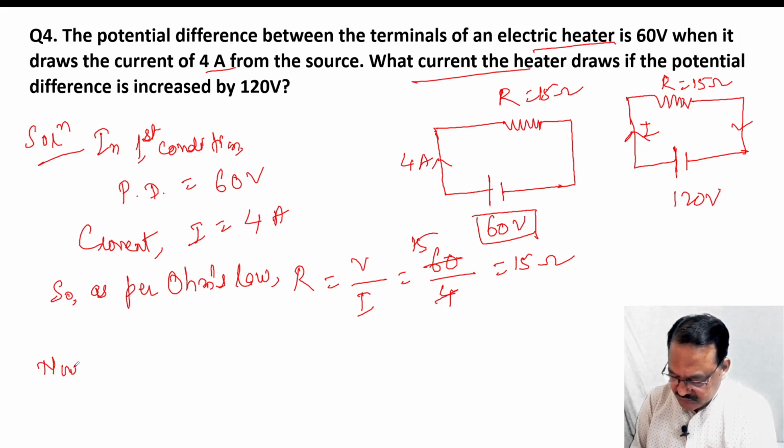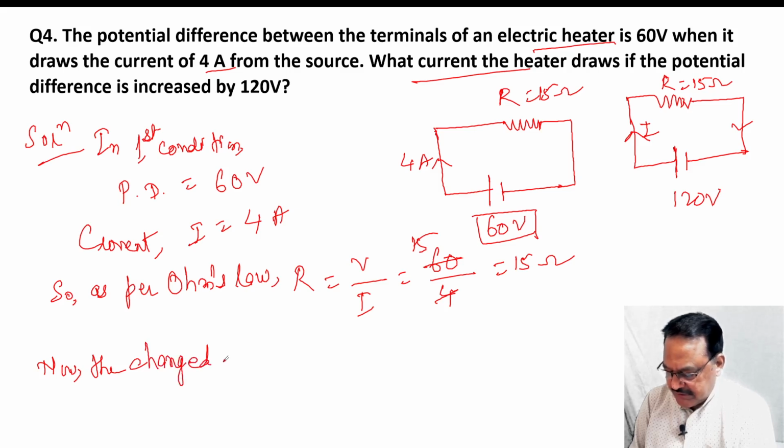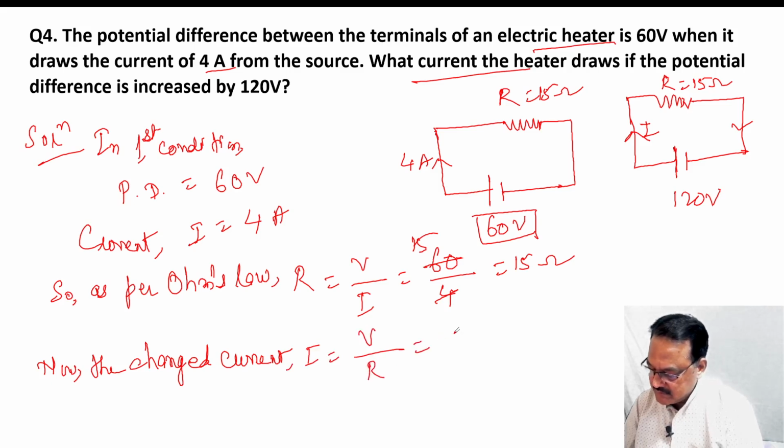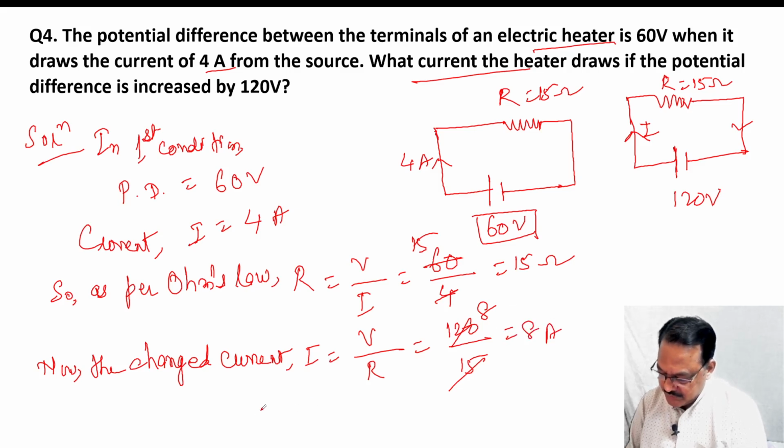The changed current I will be, as per Ohm's law, V by R. V means 120, R means 15. Just cut it, 8 times. So here I will be 8 ampere.